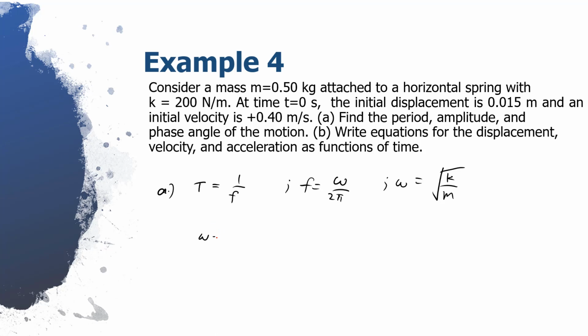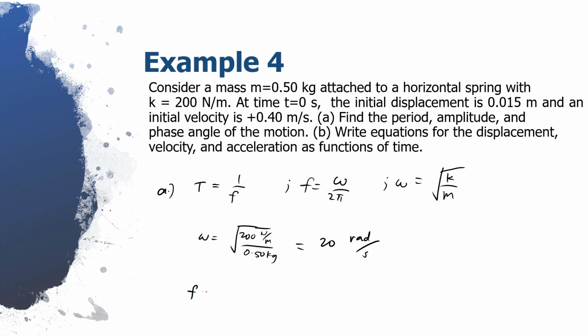So solving first omega, this is square root of k over m, where k is given, it is equal to 200 Newton per meter, and our mass is equal to 0.50 kilograms. So therefore omega is equal to 20 rad per second.